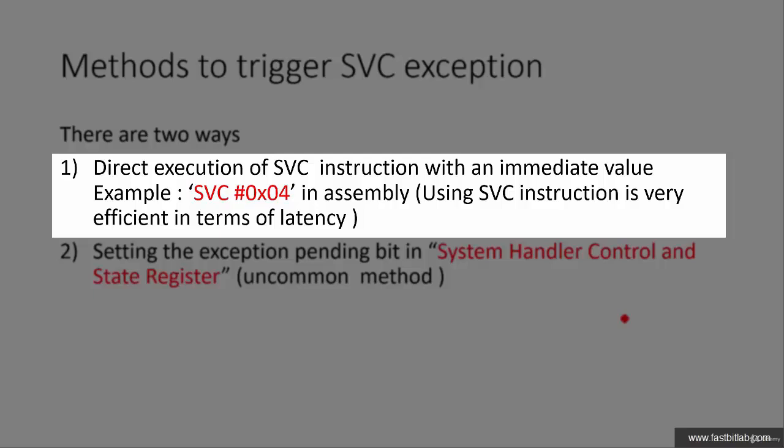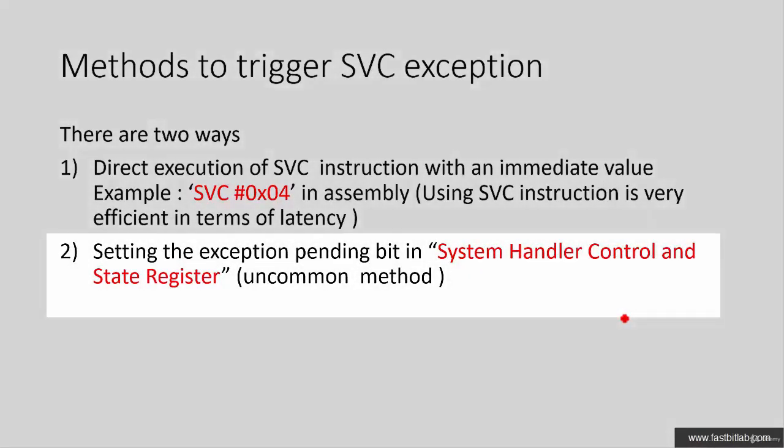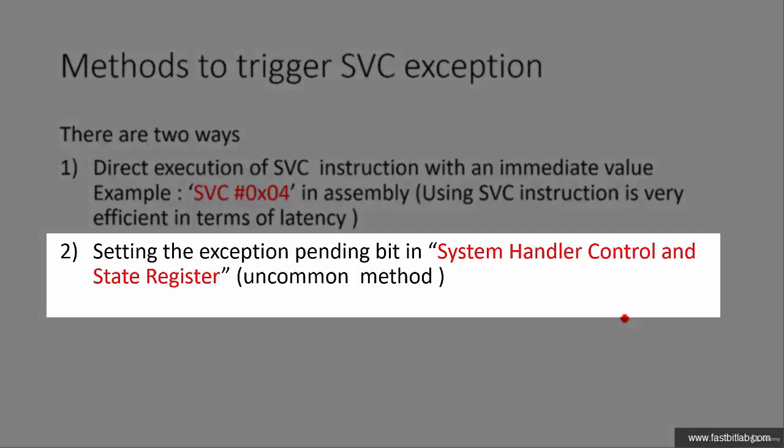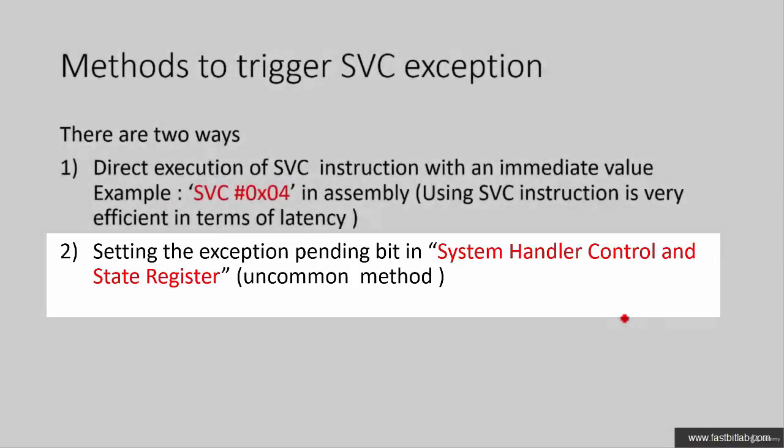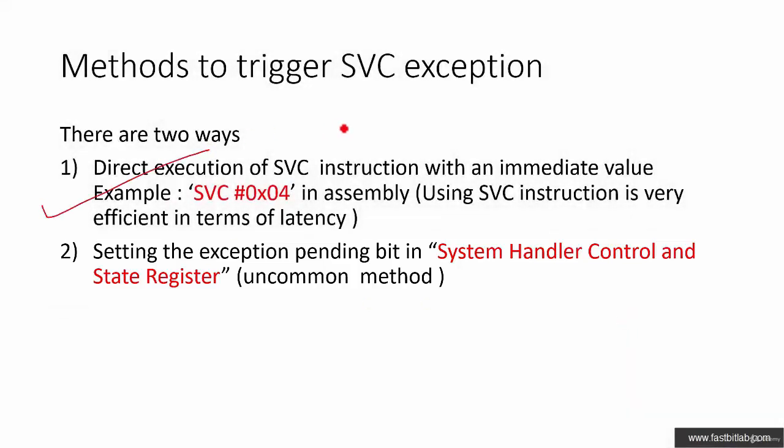Using SVC instruction is very efficient in terms of latency because SVC exception will be triggered immediately. There is also one more method that is not common, that is setting the exception pending bit in the system handler control and state register of the processor. We will not be using this method.